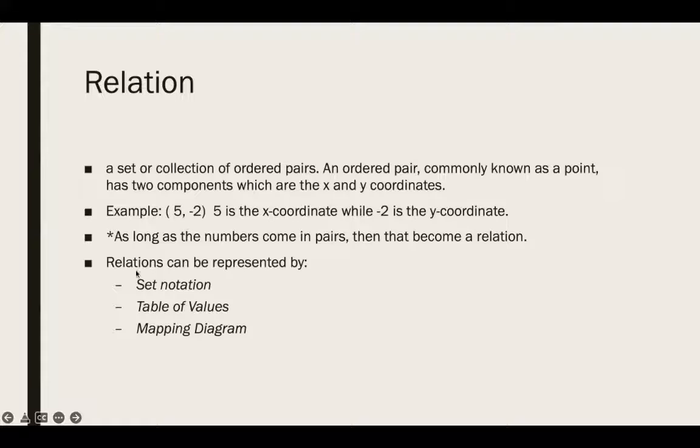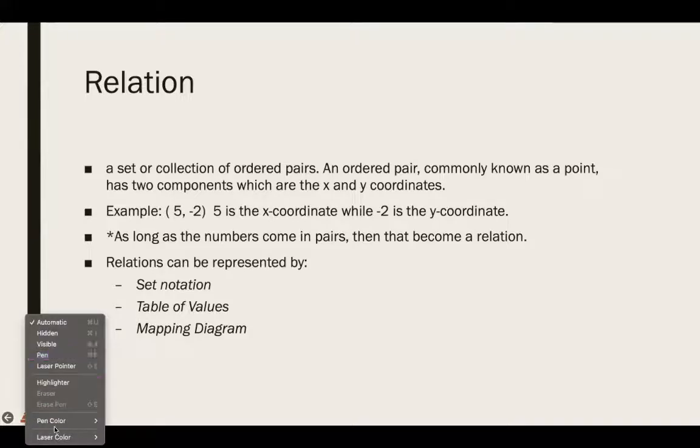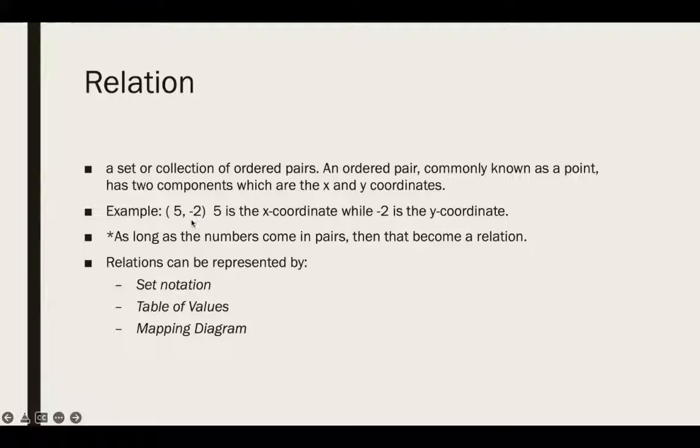An example is (5, -2), where 5 is your x coordinate and -2 is your y coordinate. As long as the numbers come in pairs, then they become a relation.